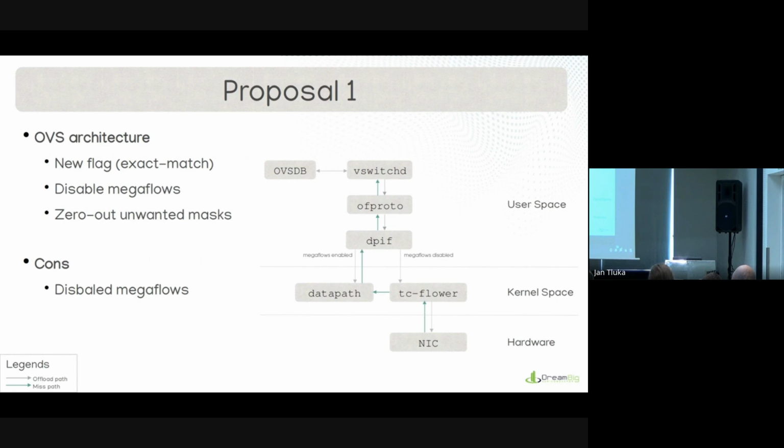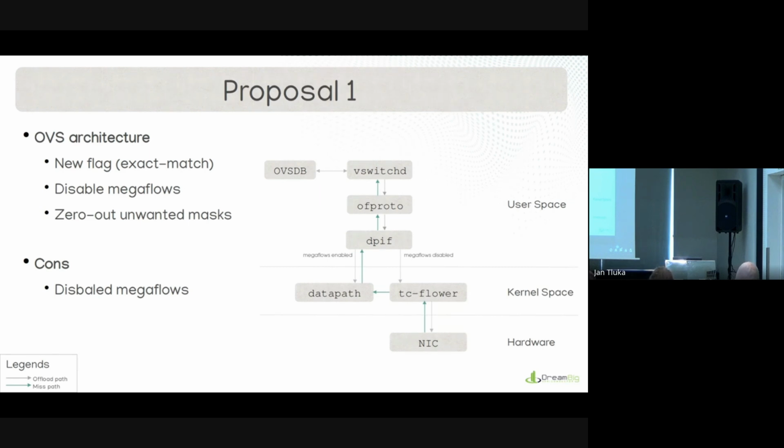The OVS architecture is the same, and we only added a few lines to zero out the unwanted masks if the key value is 0. From an implementation point of view, this approach is simple and straightforward. There are no architectural changes in OVS. The exception path, flow invalidation, statistics, and counters are not changed.